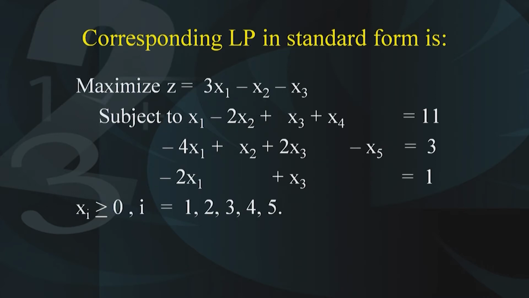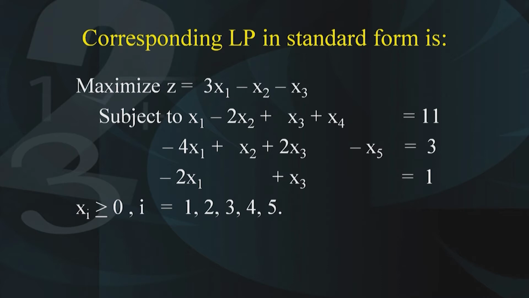Now, as you know, in order to solve this problem, we have to convert it into the LP in the standard form. And what are the requirements for an LP in the standard form? Yes, the objective function should be of the maximization type.